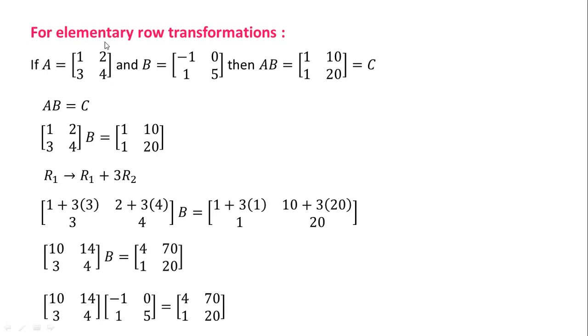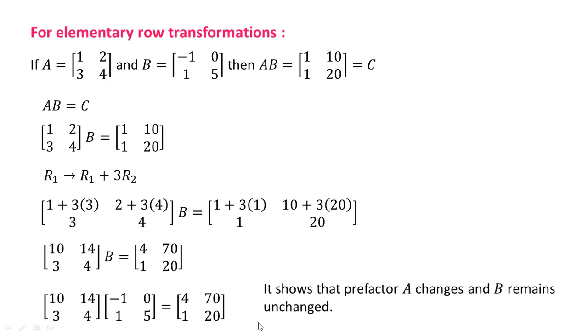So when you want to apply elementary row transformations to the matrix equation, then on the LHS you change the prefactor only, and on the RHS that C will change. Okay, so it shows that prefactor A changes and B remains unchanged by this example.